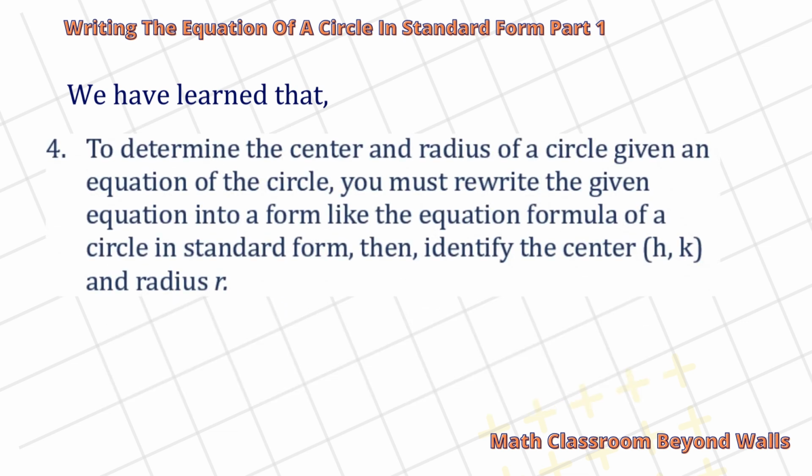Fourth, to determine the center and radius of a circle given an equation of the circle, you must rewrite the given equation into a form like the equation formula of a circle in standard form, then identify the center h, k and the radius r.